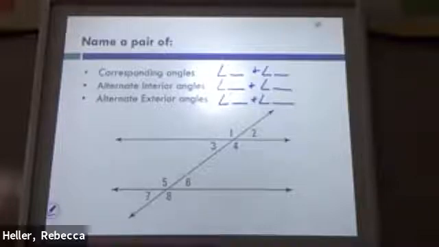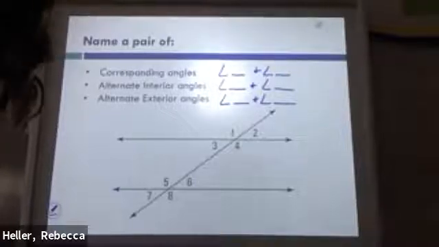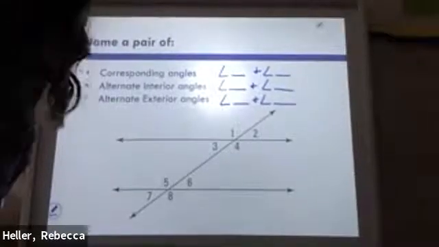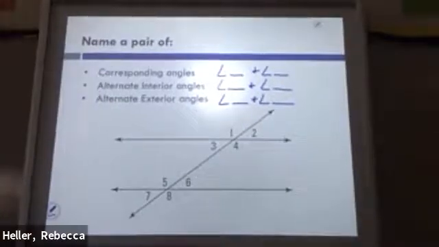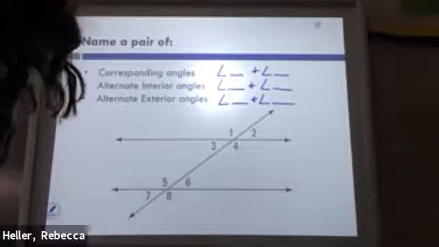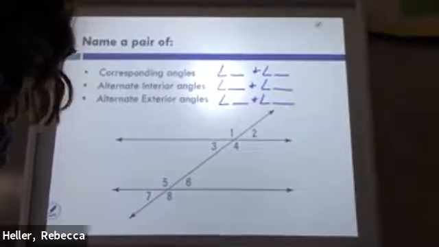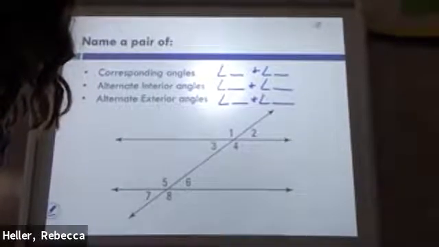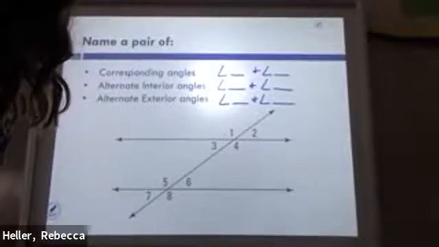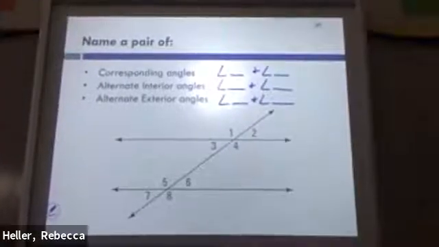First one. Try the corresponding ones again. Oh, geez. Okay, let's see. All right, there's too many to sort through over here.